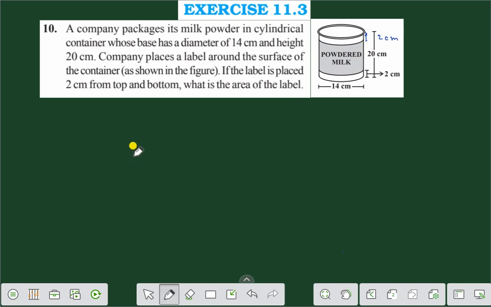Right? Let us write. First of all, we'll write the height of the label.